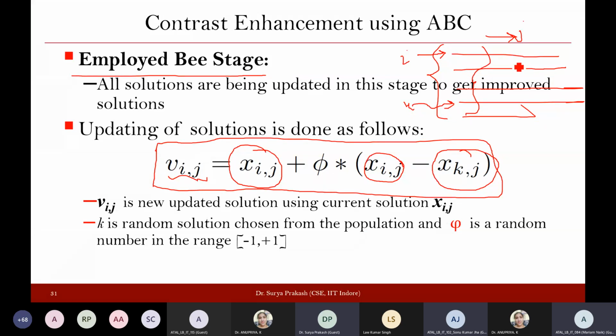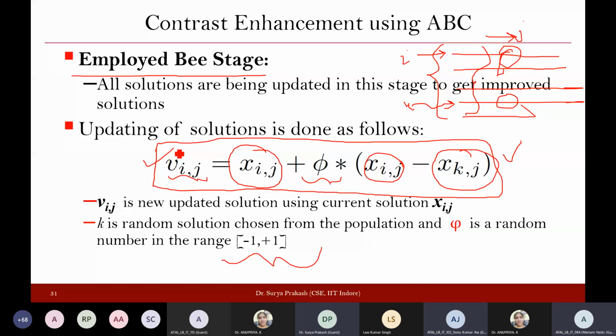By considering the jth value from the ith vector and from the kth vector, we are computing the new solution. Okay? And in this process, you see that there is a constant phi, which is a random number generated between -1 and +1. So based on the given values xij and xkj, and the randomly chosen phi, the new value for xij is generated.